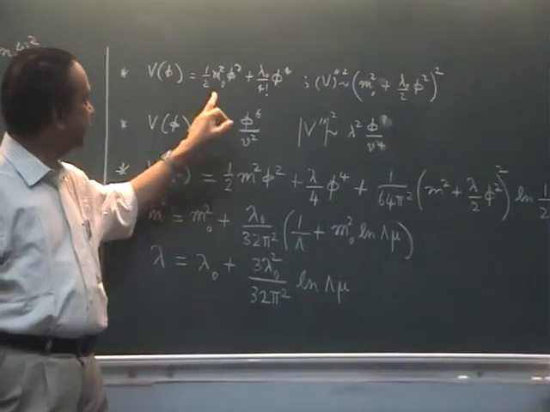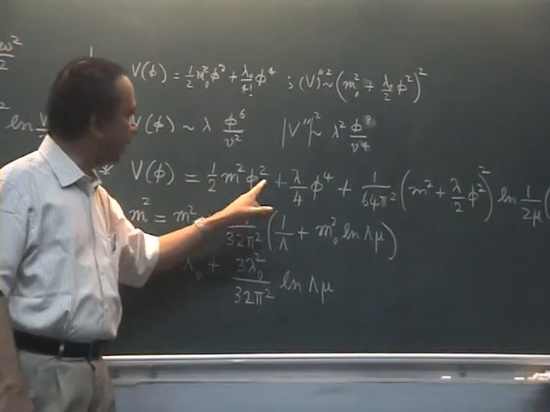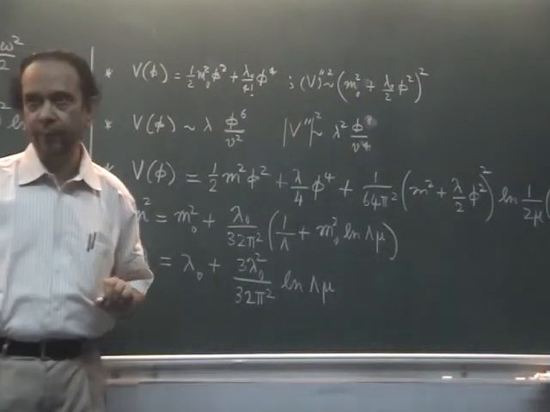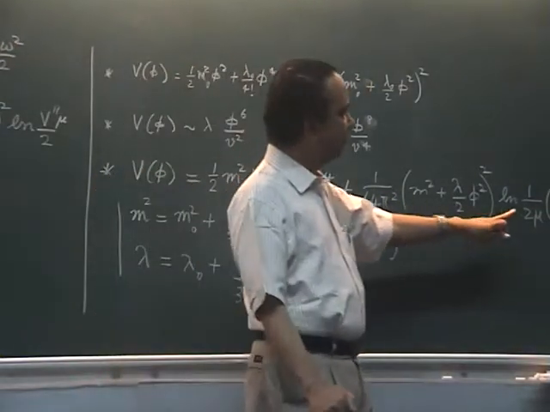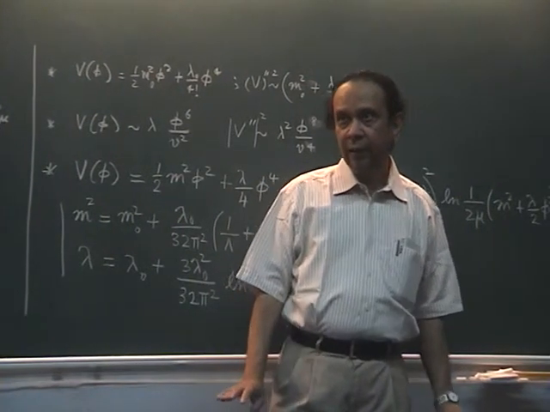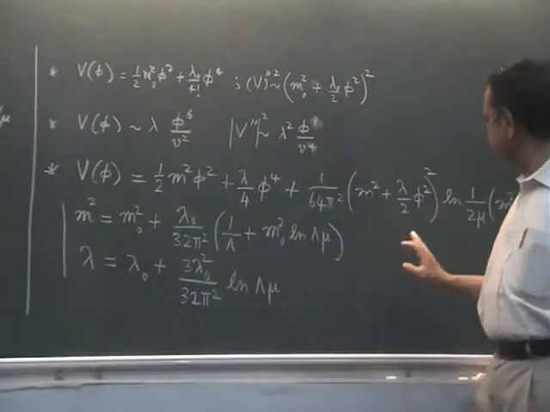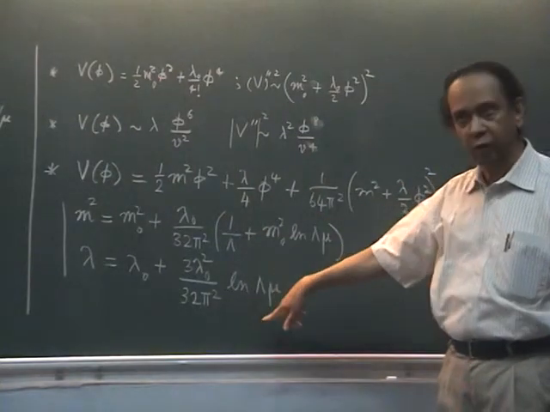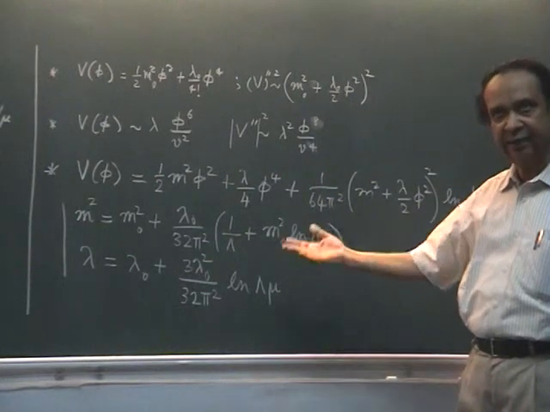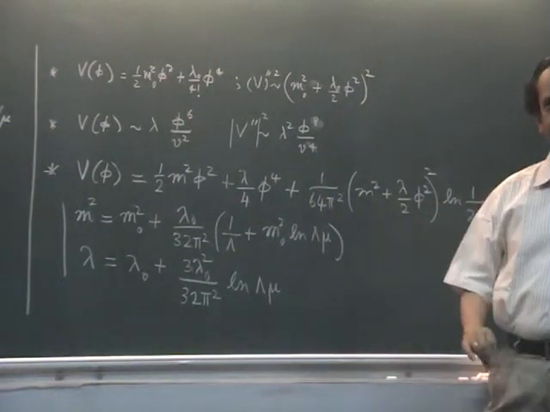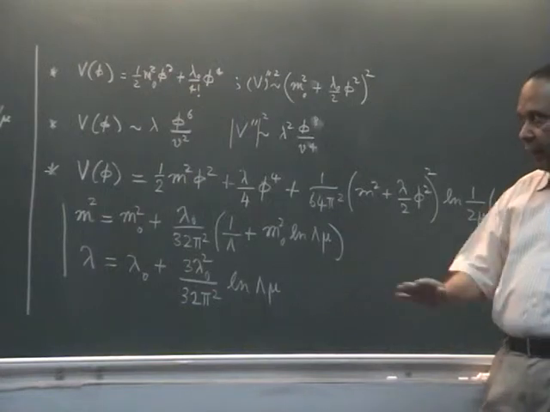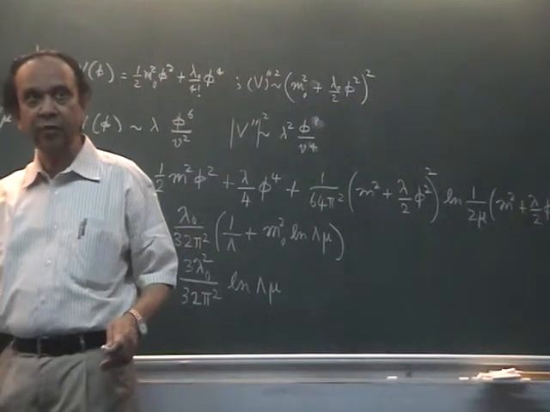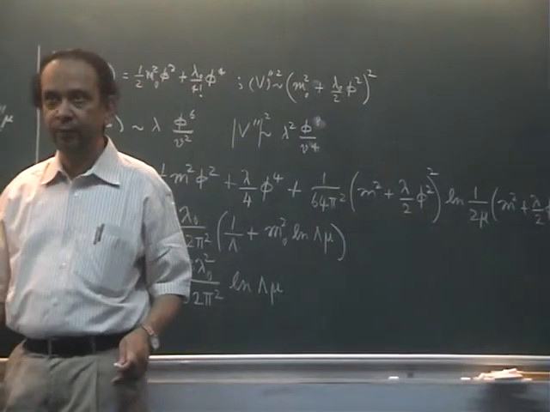In that corrected potential, your m naught and lambda naught get replaced by m and lambda, which is related to your original m naught and lambda naught by this relation. What remains here is a finite quantity. Okay? Now, the only point is the finite quantity seems to depend on some mu, but we know it really doesn't, because these things also depend on mu, and they depend on mu in exactly the same way in order to compensate for it. This we could do only because the theory satisfied this condition, and the new terms which were generated could all be reabsorbed into the old terms.